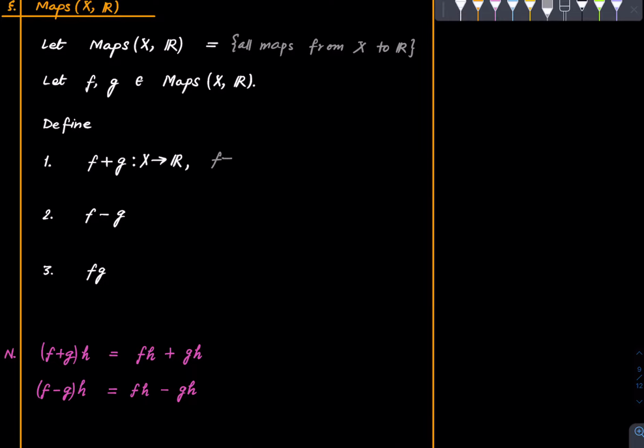F plus G of x, for anything in capital X, is defined as just the sum of the individual things. This is of course for all x, right? So this is the new function that we have constructed out of the old functions, which takes an input and just outputs the sum of the individual outputs.